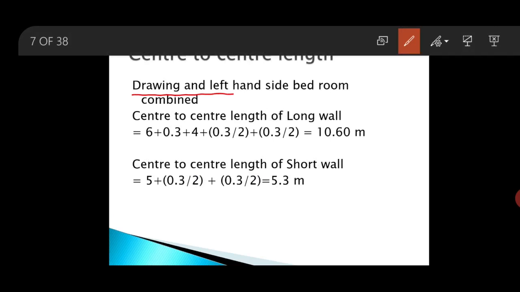The first part is the drawing room and left hand side bedroom. The center to center length of the long wall is 10.6.